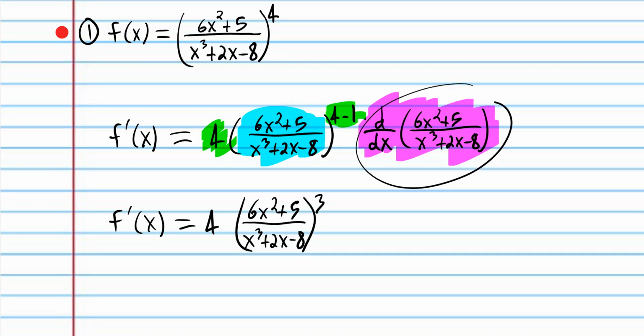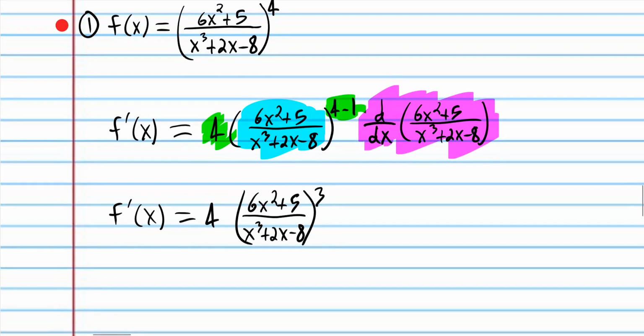Okay, so now we're going to find the derivative of this expression, but notice that that is going to require the quotient rule. So the quotient rule tells us that we find the derivative of the numerator of that fraction, and then we multiply that by the denominator.